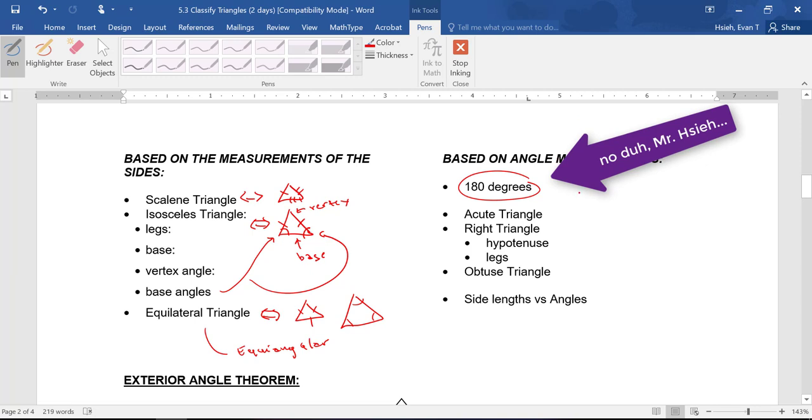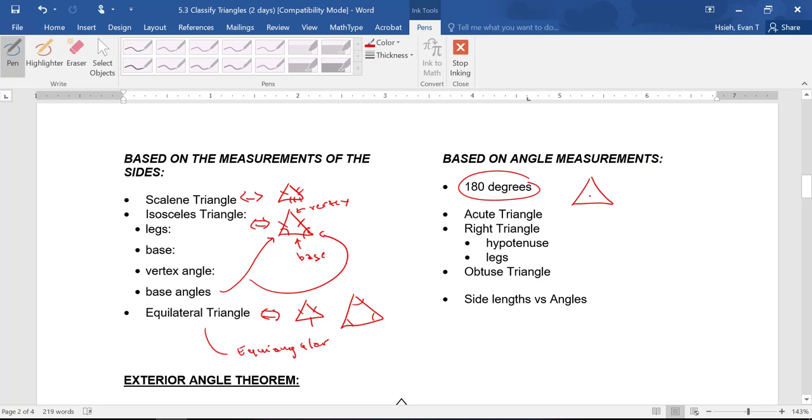An acute triangle is a triangle that has all angles that are less than 90 degrees. Right triangle, of course, has one right angle. These are the legs. This is the hypotenuse.